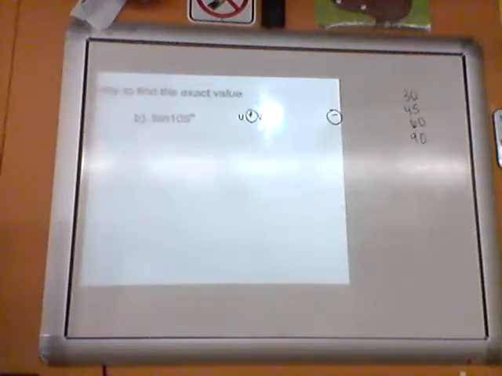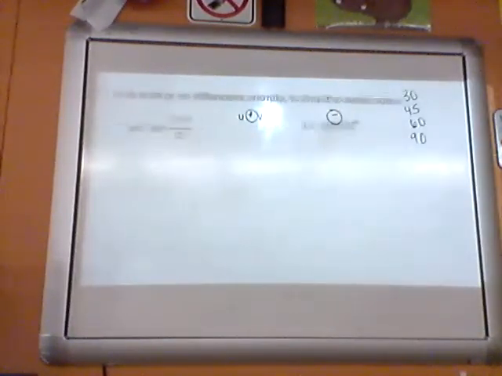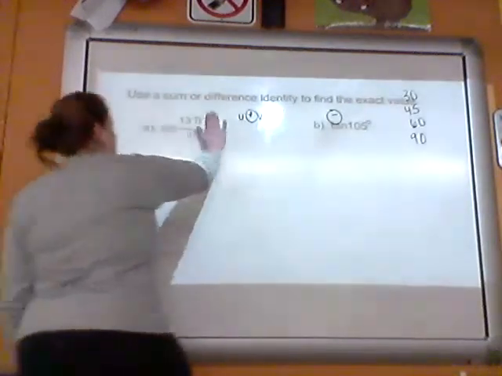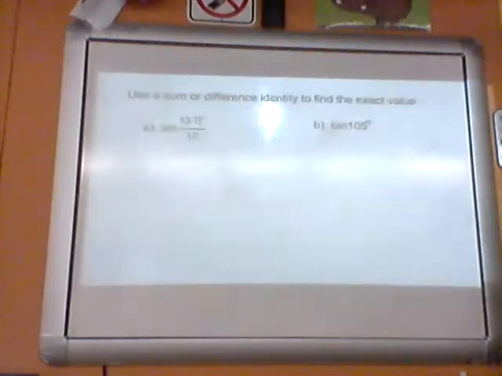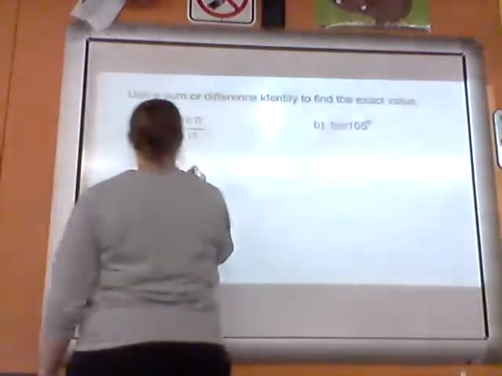The first measurement they give you is 13 pi over 12, which is really neither here nor there unless you love radians.